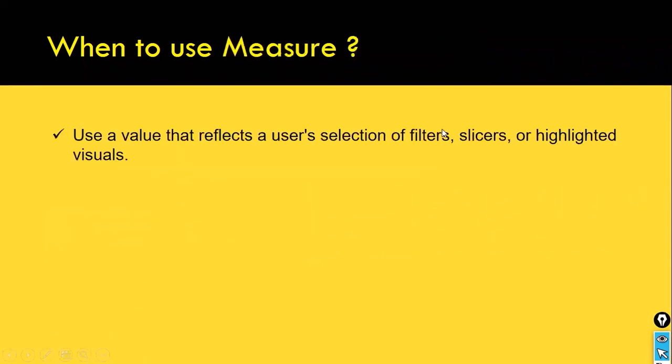Now the question is when to use a measure. That's what we discussed. If you want to perform some kind of percentage or ratio or some average aggregation functions, in that kind of situation, you can use it. Highlighted visuals: use a value that reflects user selection of filters, slicer, highlighted visuals. You can use a measure, for example, conditional formatting.